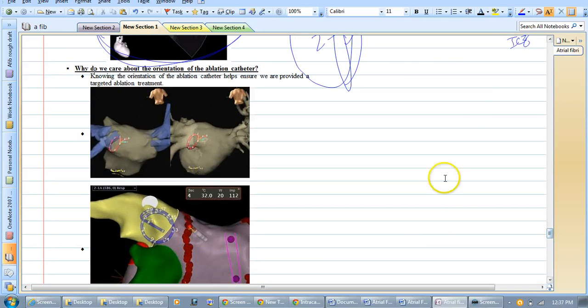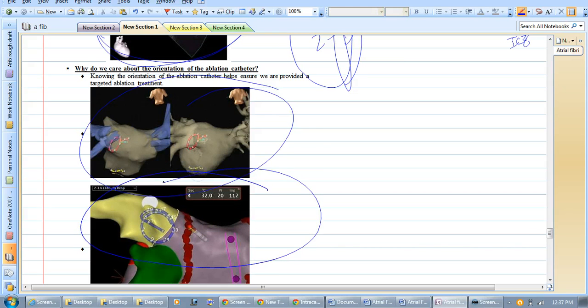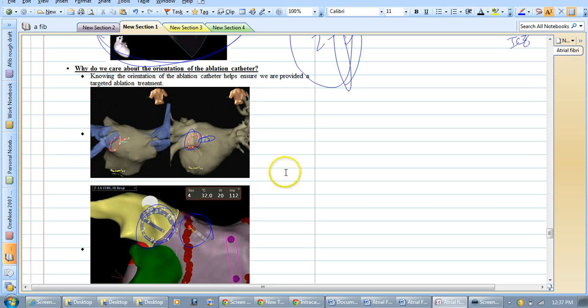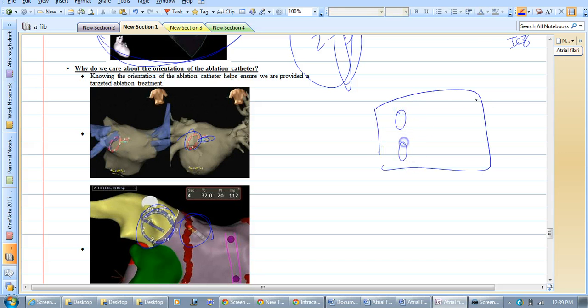So one thing that's really important is in ablation, we need to know at all times the orientation of the ablation. Okay, so if you look at the images right here, let me just point out a few things really quick. We see lasso, catheter, ablation catheter, lasso, ablation. So by knowing the orientation of the ablation catheter, we can make sure that when we're performing the radiofrequency ablation, or whatever type of ablation that's being used, we know the exact spot we're targeting, right?